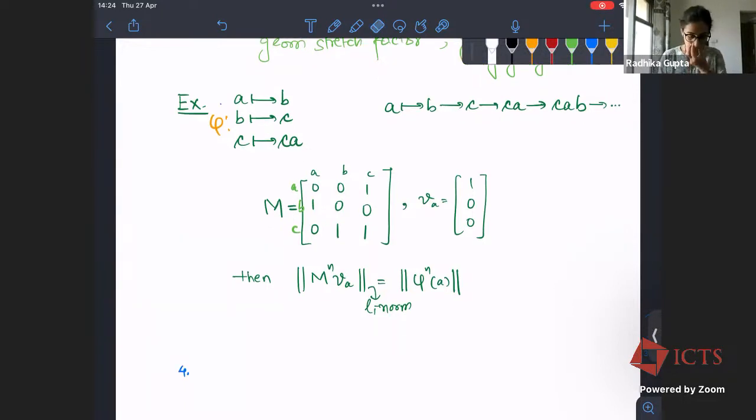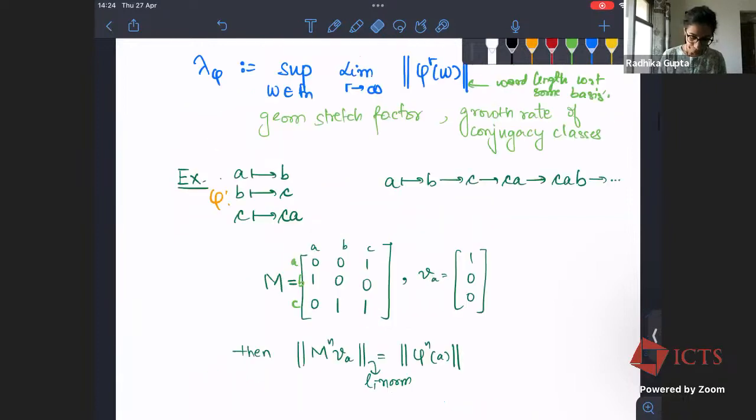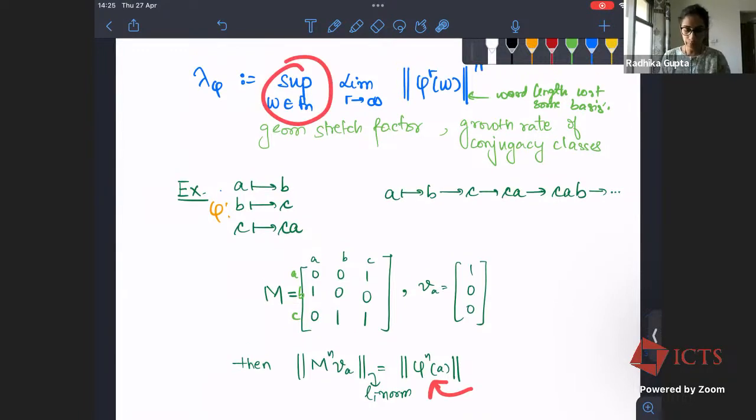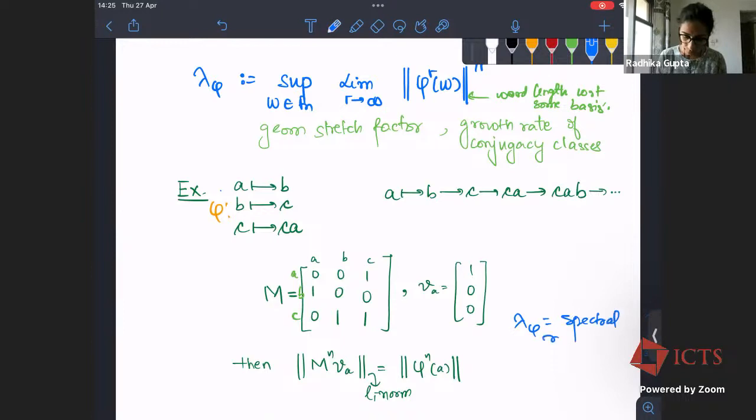So this lets me compute the growth rate of phi to the n of A. If I take the supremum over all A's, I would just be computing the spectral radius of M. So the growth rate lambda phi would be the spectral radius of M, the top eigenvalue of M. That's the growth rate for this automorphism.